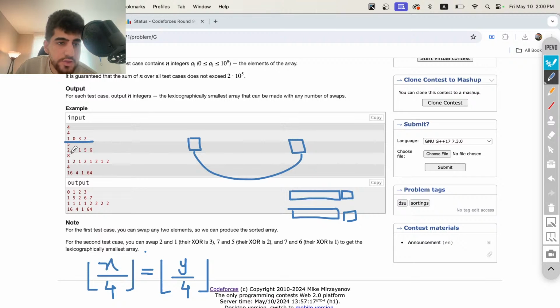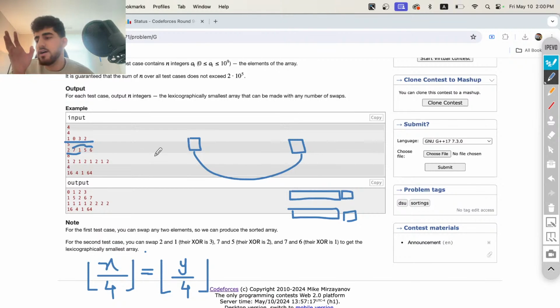In this one, I can swap 1 and 2. I can swap 7 and 5, 7 and 6, and 5 and 6. So these two are one component, these three are one component. When this happens, I can swap them.